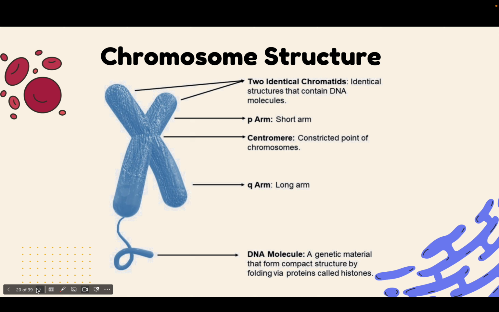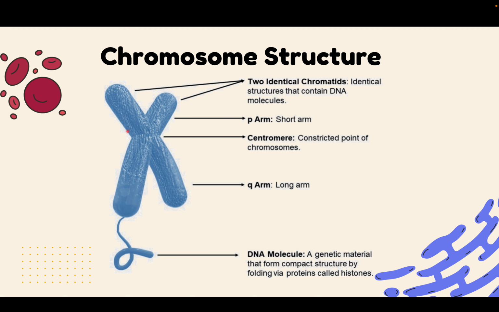So the structure of the chromosome, a general overview. There are two identical chromatids that are present after the DNA is synthesized, the DNA is replicated. The short arm of chromosomes is called the P arm. And there is a constriction between the chromatids called the centromere.